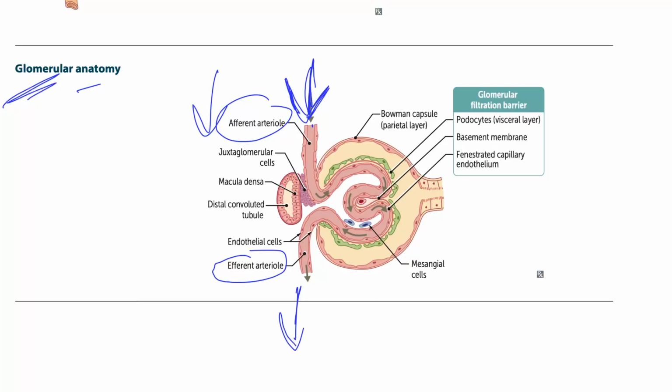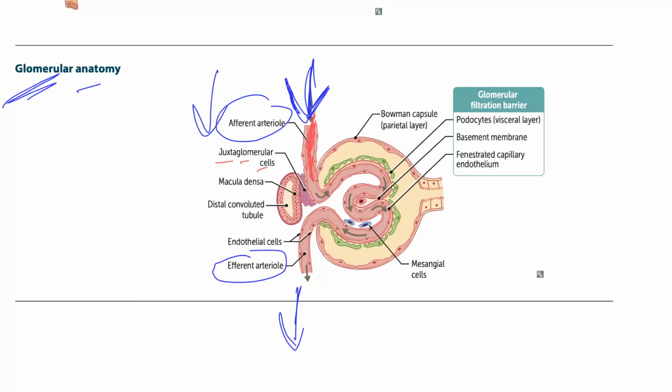Let me change the color to red so you know it's the blood. The blood is coming, and at this point it is sensed by the JG cells. JG cells are present from the distal convoluted tubule at the macula densa, and here as we are entering the glomerulus. But it's going to be mentioned later on too.